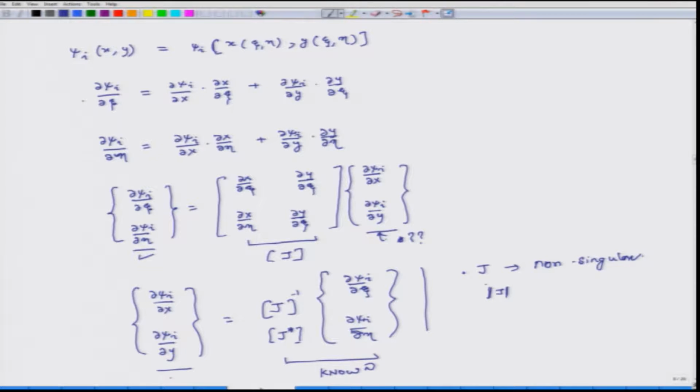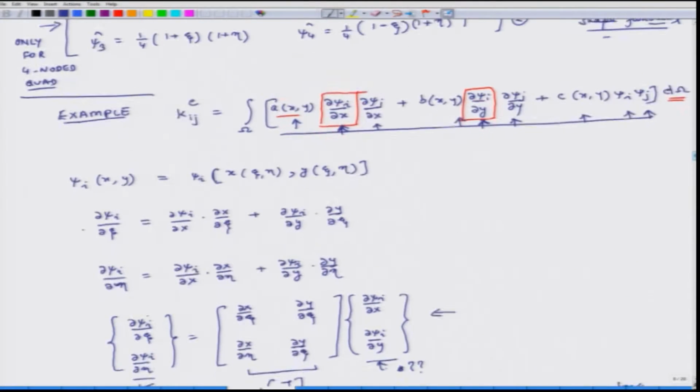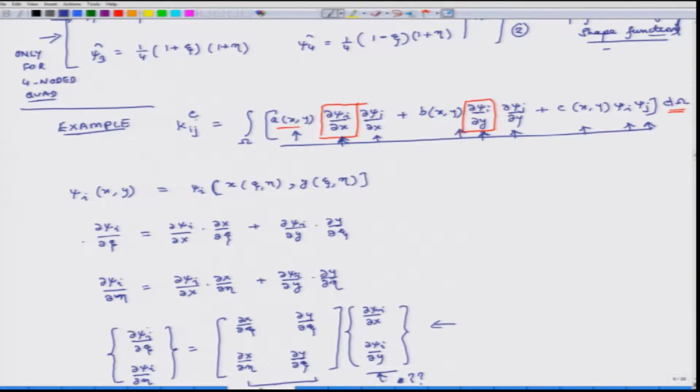And another thing, this J matrix exists at which point in the element? So, this is all happening at element level. In this entire discussion, we have not put superscript E, but all this description is in context of calculating Kij for eth element.